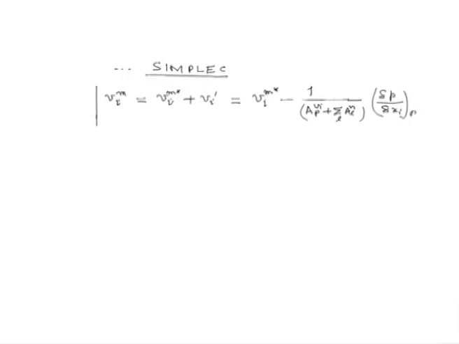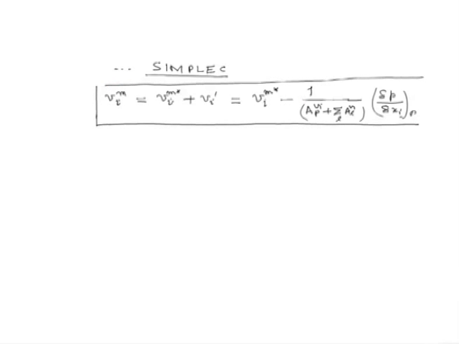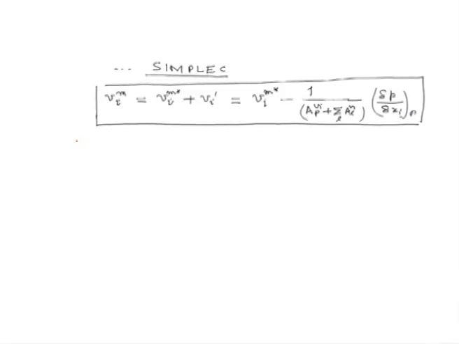Now, this velocity field must satisfy the continuity equation. That is what our contention is. We want to find out a velocity field at the current iteration level which would satisfy continuity.